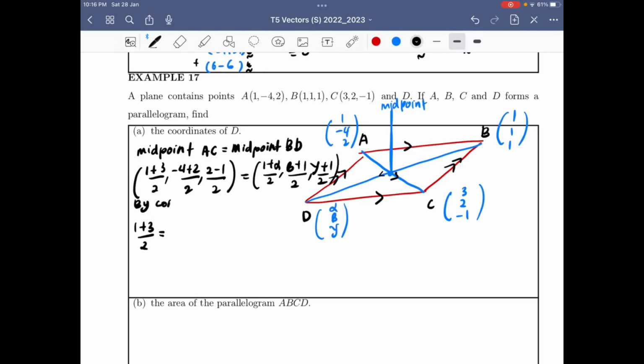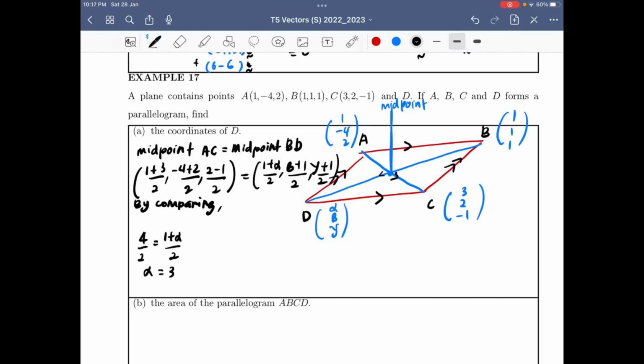Okay, we try to find one by comparing to find alpha. 4/2 equal to 1 plus alpha divided by 2. Therefore, we can get here alpha is equal to 3. Okay, alpha equal to 3.